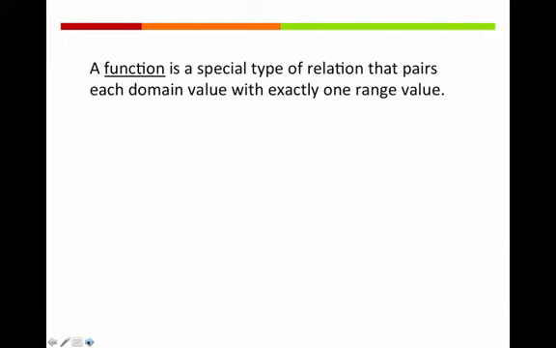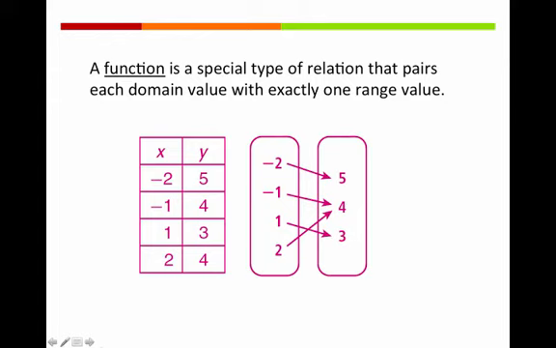Alrighty, there we go. So a function is a special type of relation that pairs each domain value with exactly one range value. So we're going to have to check to make sure that it is actually a function. Here is a table, here is a mapping of the following relation. The question is, is this a function? Well, each one of these x values maps to only one y value.